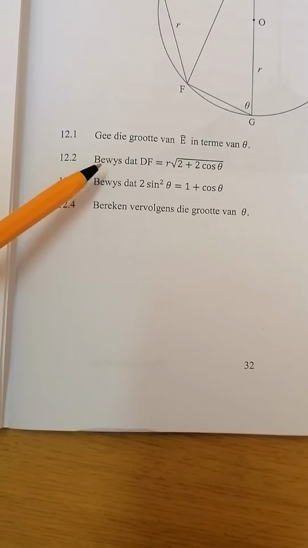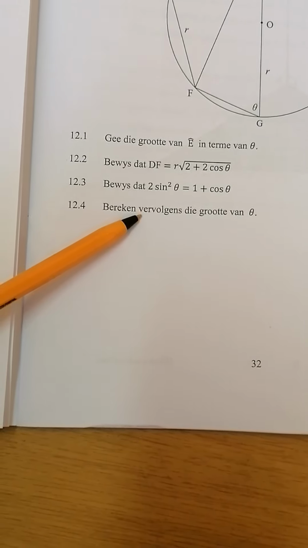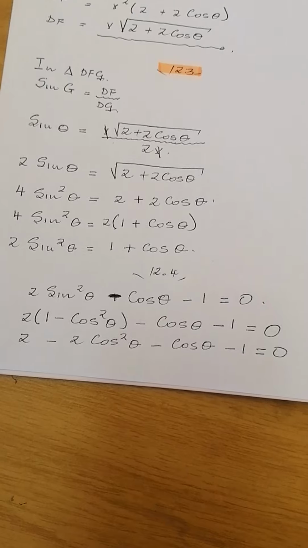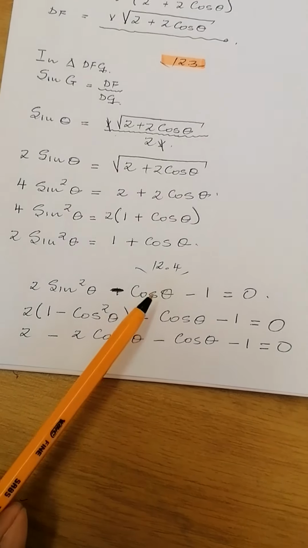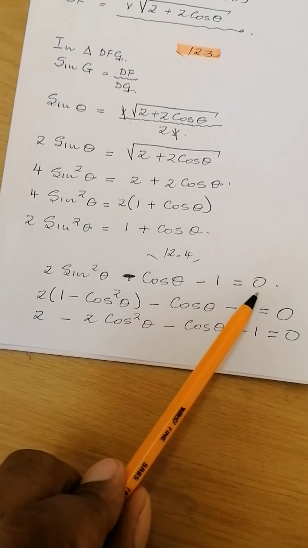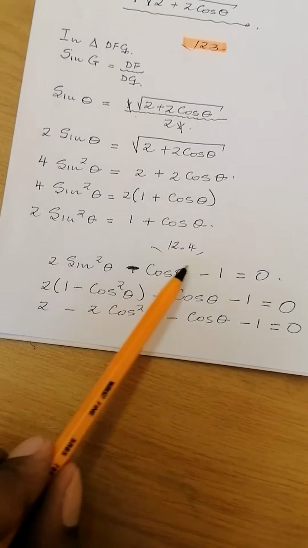The hence says use that answer to answer the next question. Now, what I did was I took what I got there, wrote it there as it is, but in a standard form.